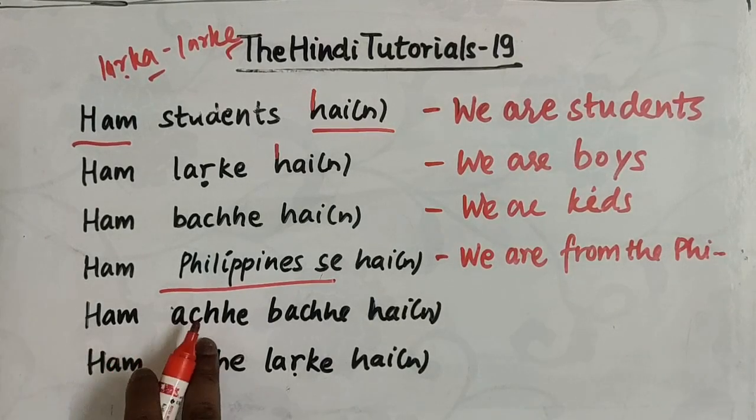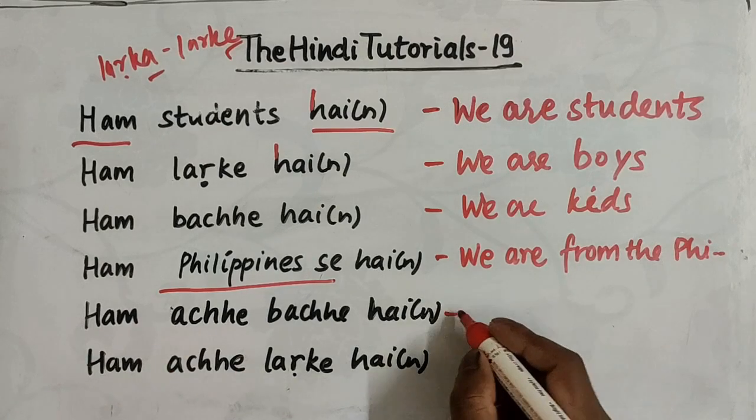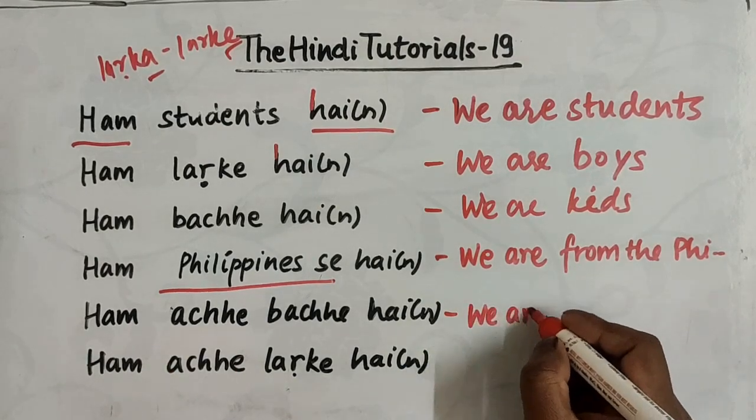हम अच्छे बच्चे हैं. Now here you see अच्छे is an adjective. For singular it would have been अच्छा बच्चा. ठीक है? You see the adjective goes according to singular or plural and also the gender. So हम अच्छे बच्चे हैं means we are good kids.